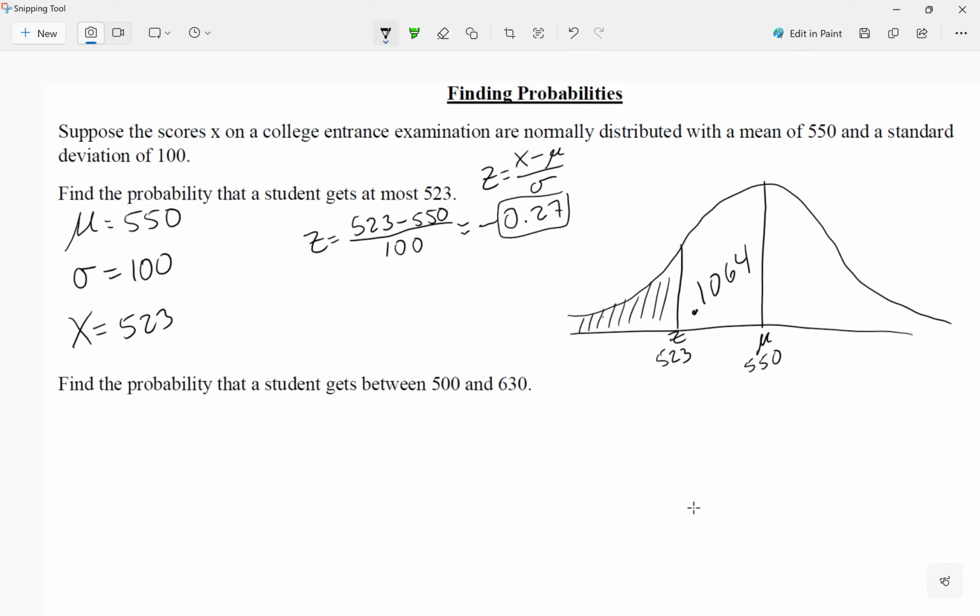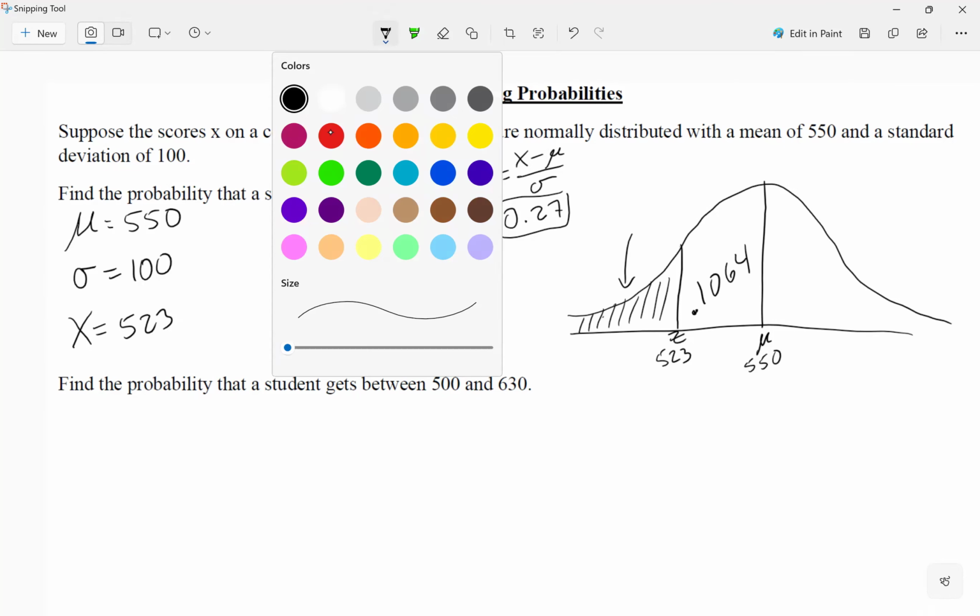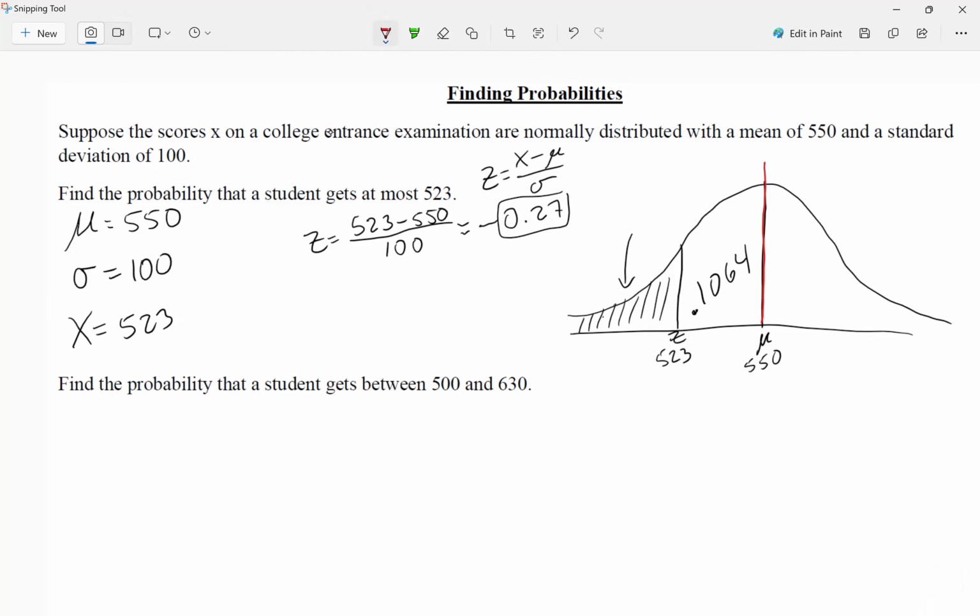But I'm not looking for that area. I'm looking for this area. Half of the graph, from the center to either the left or the right, is 0.5.